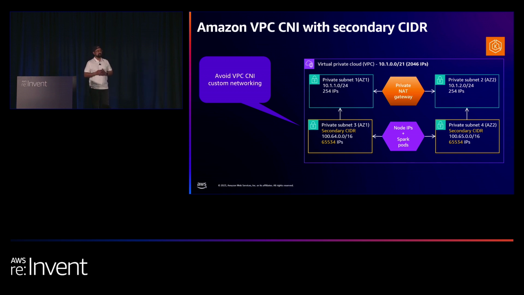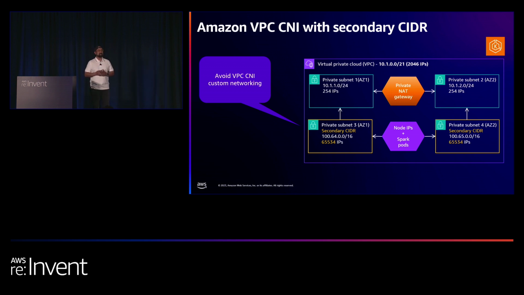We highly recommend customers consider the networking configuration, which is what I'm showing on the slide. Within the VPC, you can use two routable subnets, mainly with a small CIDR range. Those are mainly used for load balancers or any public interface or talking to your on-prem data center and so on.